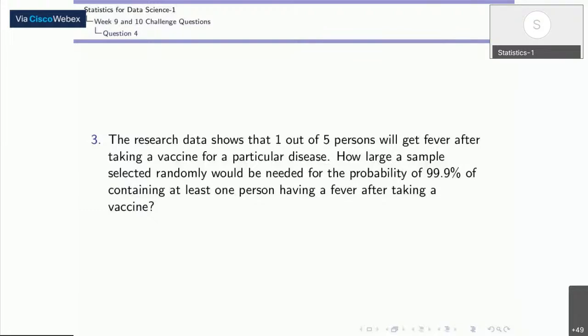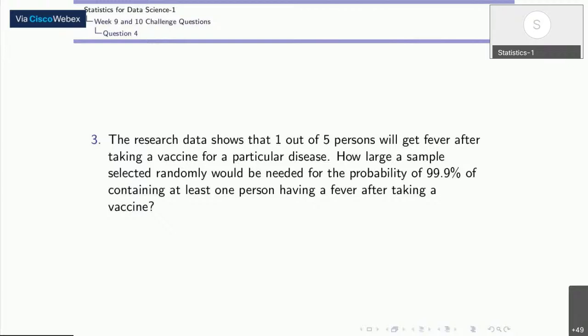I mean, in English, I'm saying. Could you please explain what this 99.9% means? Basically, it is the probability of having a person among the randomly chosen sample who will have fever after taking a vaccine.